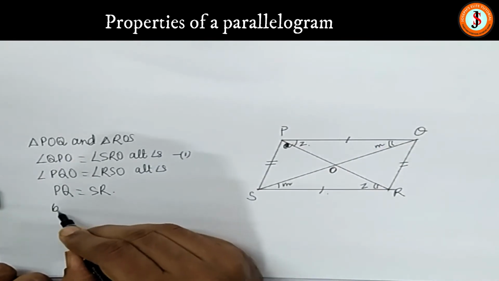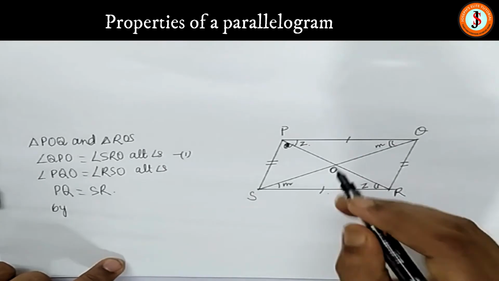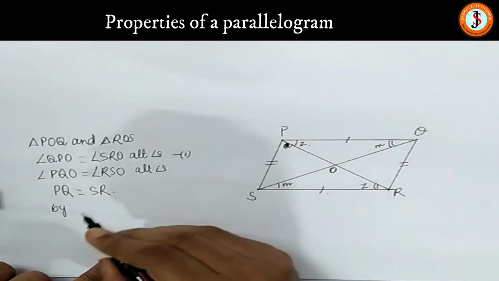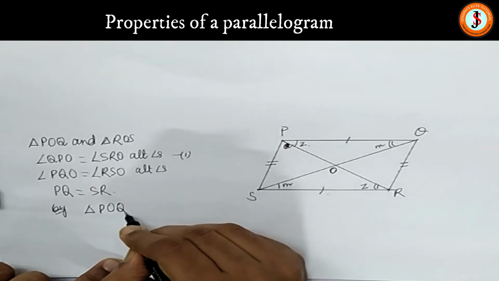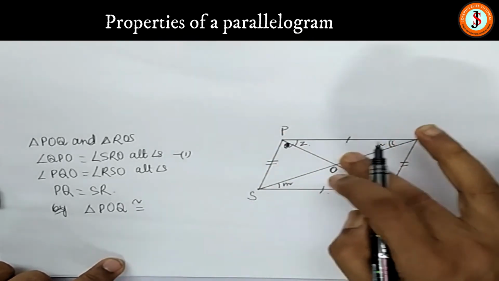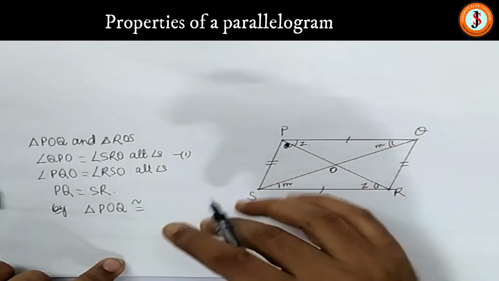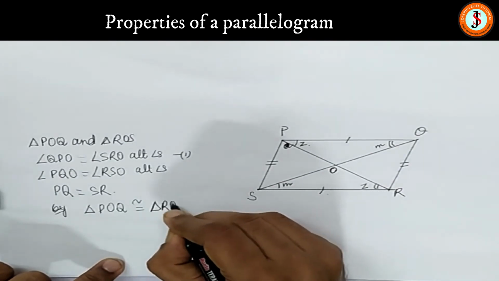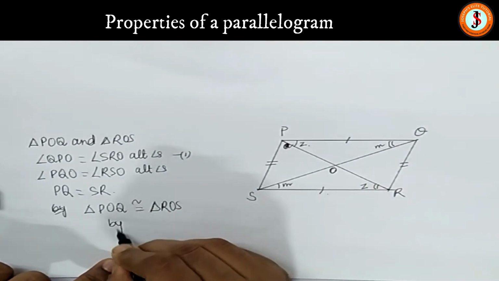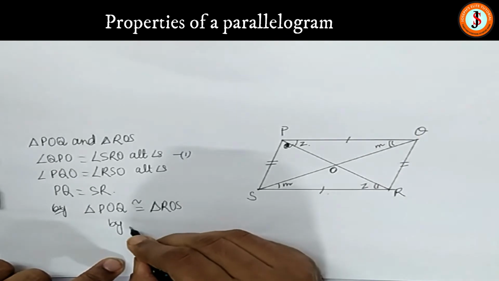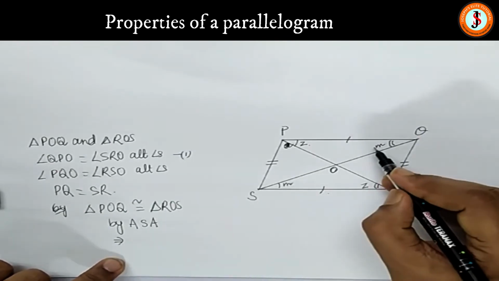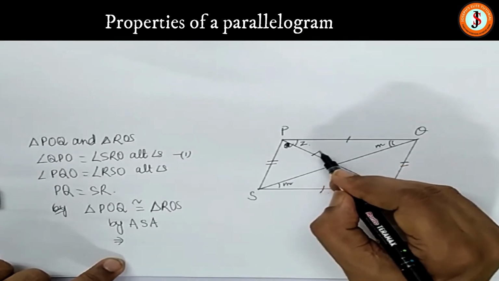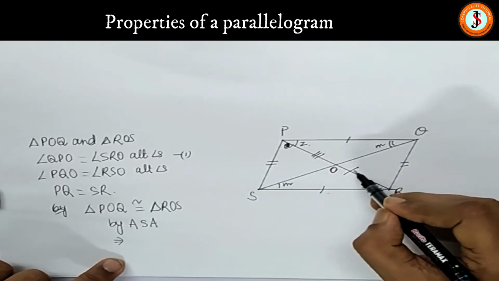So by ASA, first I write triangle POQ is congruent to triangle ROS by ASA. This implies that the side in front of M is 3 dash, then the side in front of M is 3 dash.